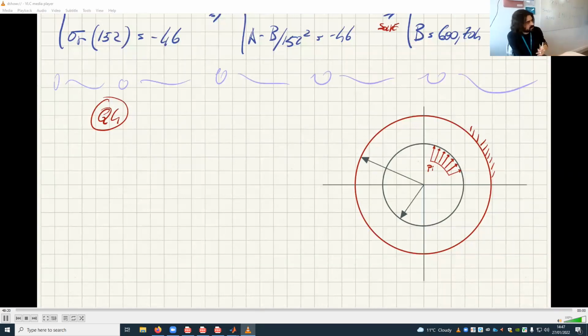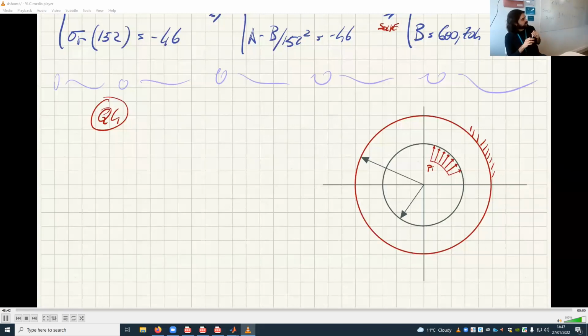So the internal pressure is whatever it is, but we also have an external pressure. The fact that it's pushing against the wall means that the wall is pushing against the outer surface. But you don't know how much that external pressure is.